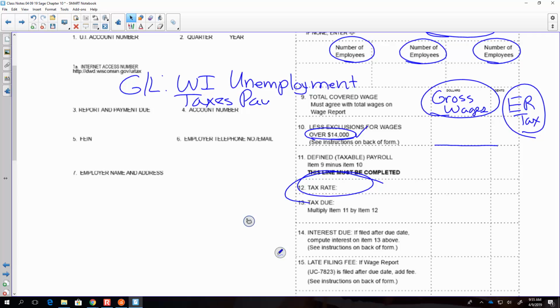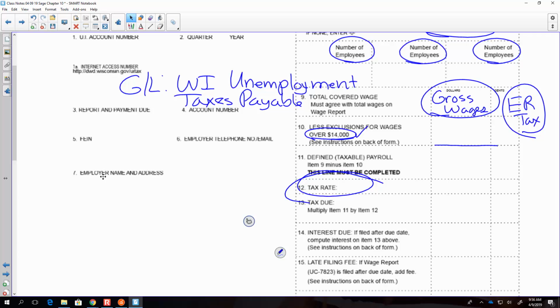Payable. Again, it's a current liability, right? It sits with all your other payroll taxes. Wisconsin withholding, the IRS ones, federal withholding, Social Security, Medicare. Remember that all for payroll? Yep. So those will all be in this section.